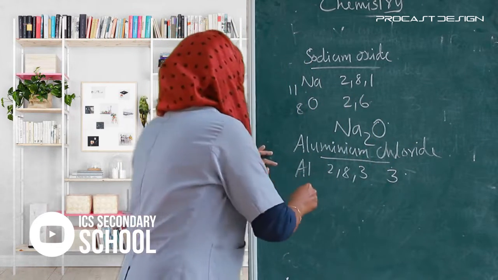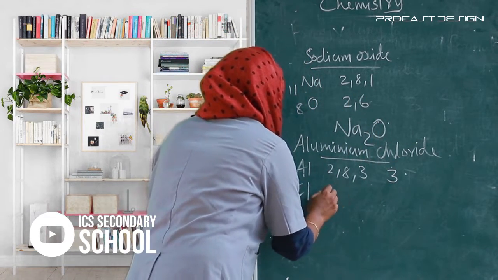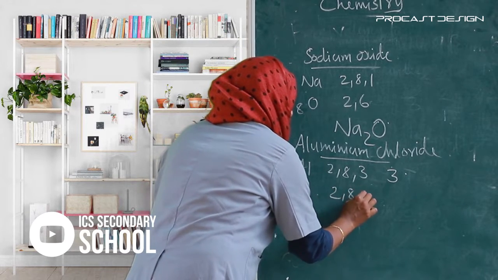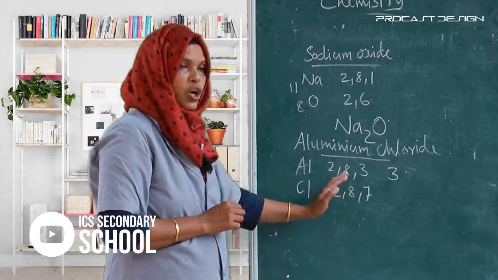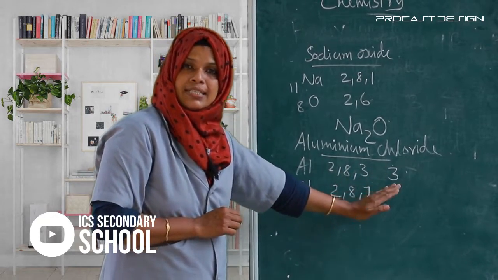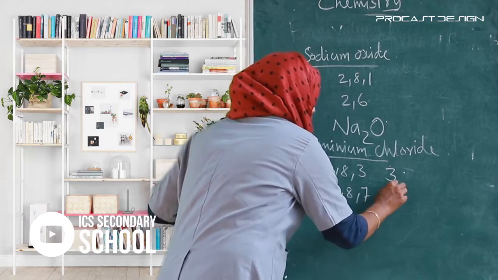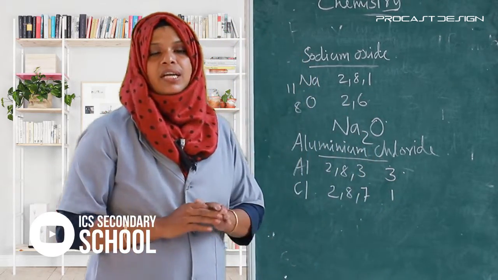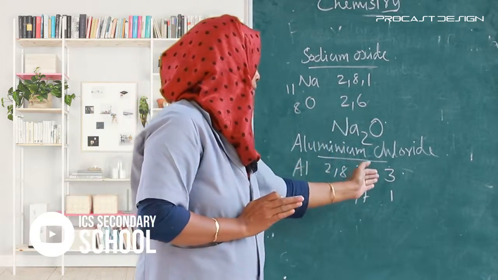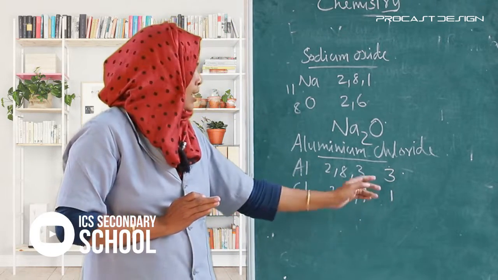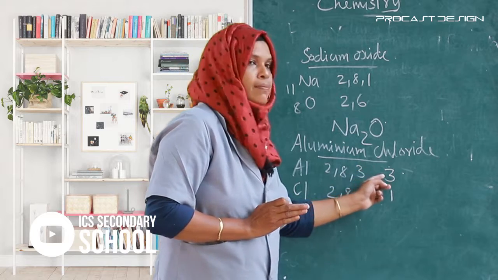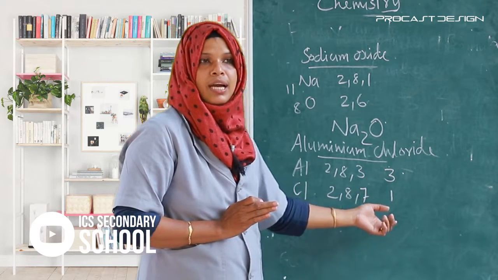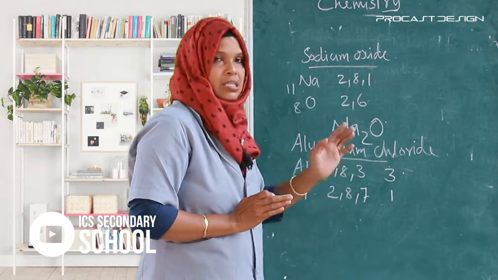And chlorine: atomic number 17, electronic configuration 2, 8, 7, and valency, the number of electrons transferred or donated, is 1. Here 3 electrons are donated by the aluminum atom to chlorine atoms.